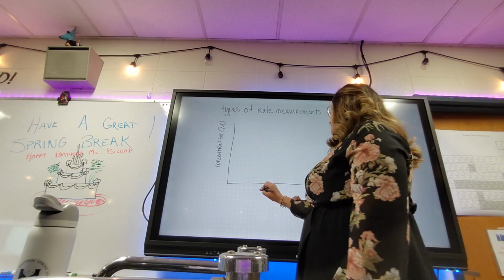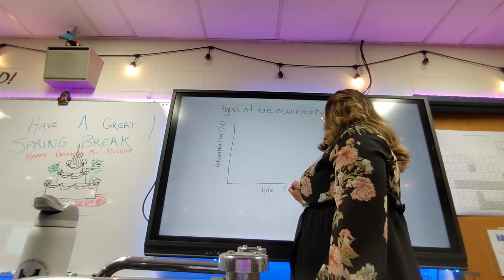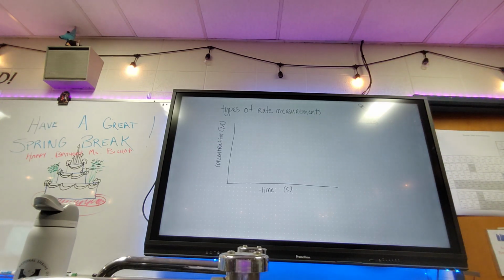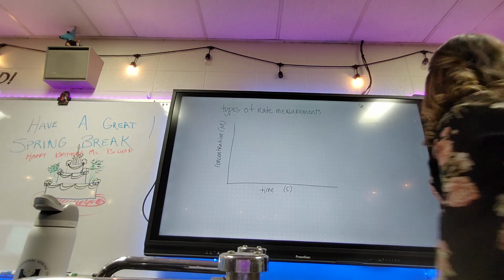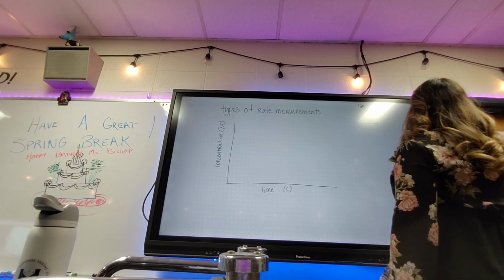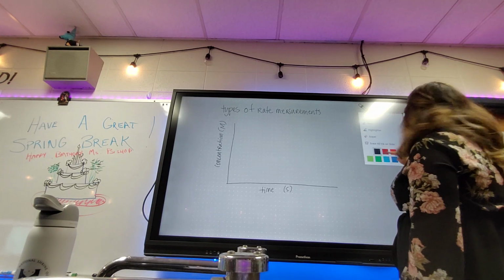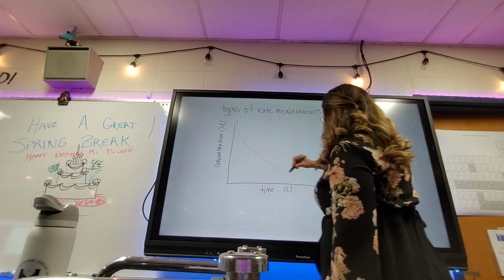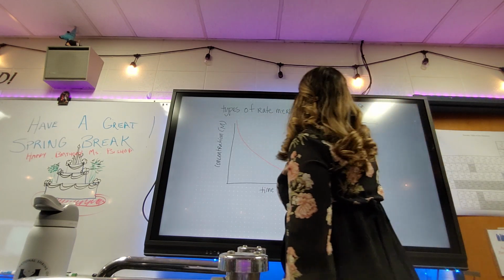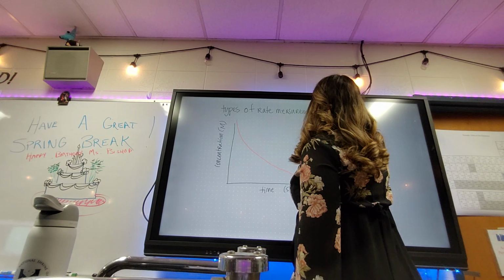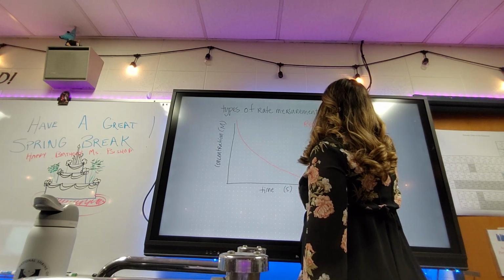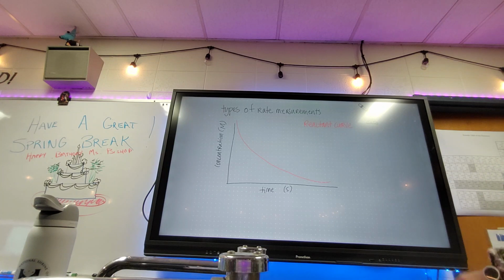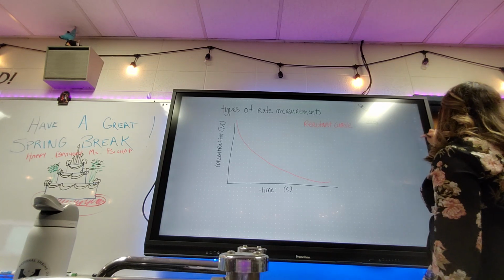And on the right, I have time, which is usually measured in seconds, but can be any measurement. Almost always, a reactant is going to have this same general shape in its curve. And there are reasons for it being this shape.